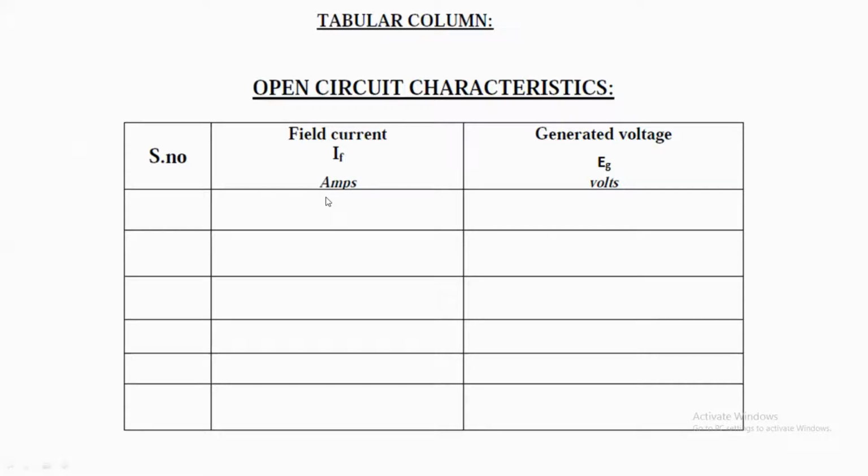Take the readings from minimum field current to maximum value, up to the rated voltage. The last reading is at the rated generated voltage, which is given in the nameplate details of the generator.